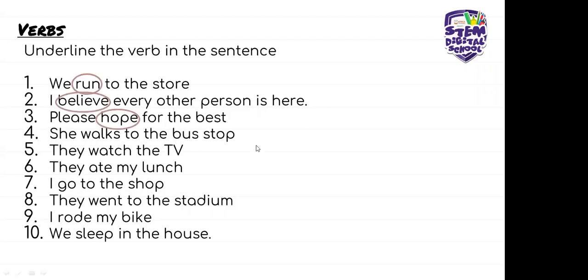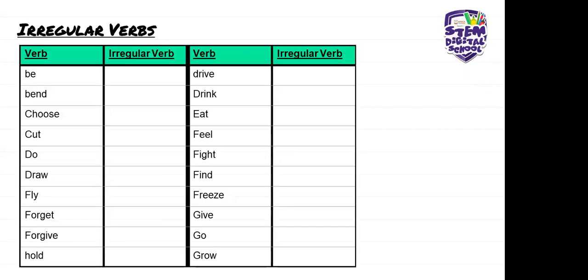I want us to do the irregular verbs again. You can put up your hand for the irregular verbs, or you can put it in the chat for me. So the irregular verb of be.